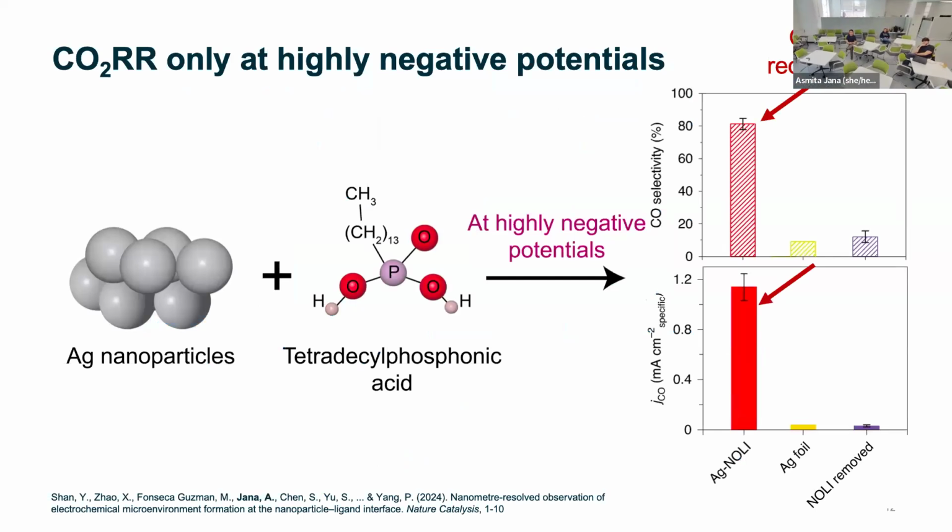The story began when an experimental group reached out to us and talked about their system. They had silver nanoparticles and this tetradecyl phosphonic acid, and what they found was that they kept getting really high CO selectivity and really high reaction rates only when they biased the system to really large negative potentials. So what was going on? This is the context in which the reaction is happening.